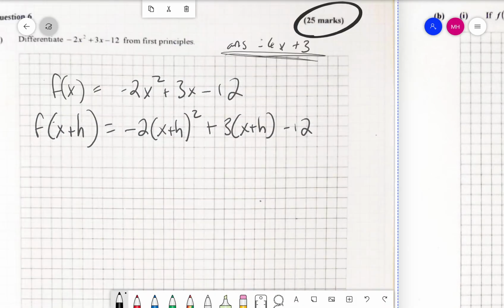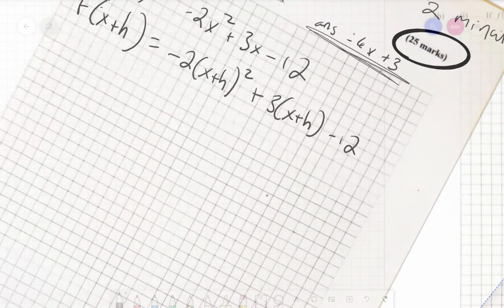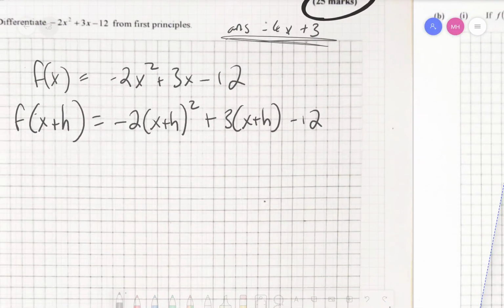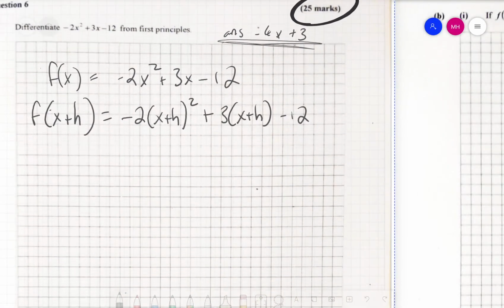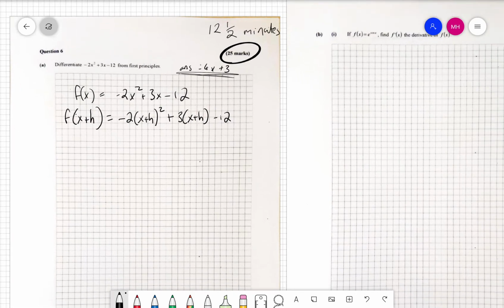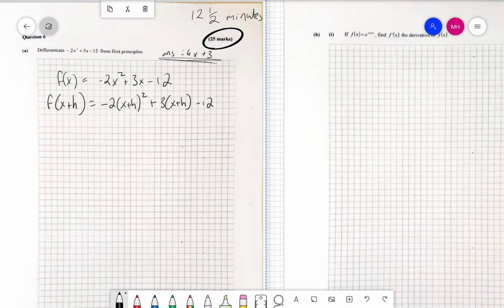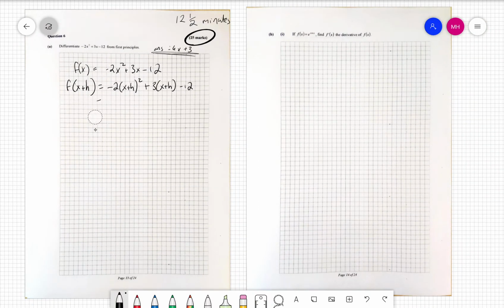So multiply that out. Okay, so multiply this out, and you're getting minus 2 into the first one squared, twice the first by the second, plus the last one squared.